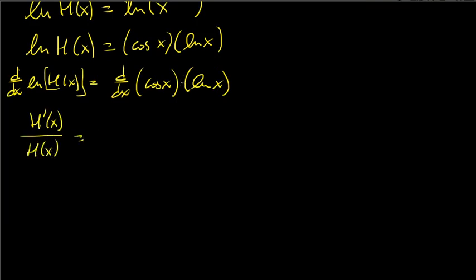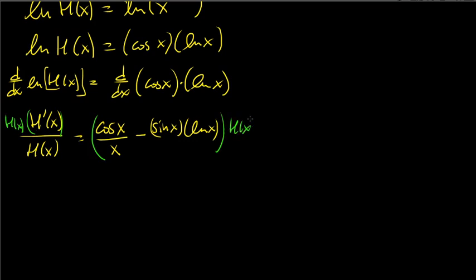And on the right, well, this is going to be a product rule. So first times the derivative of the second plus second times the derivative of the first. So the derivative is minus sine x times log x. So now just multiply both sides by h of x, right, and on the left they cancel, so you get the derivative of h when all is said and done.